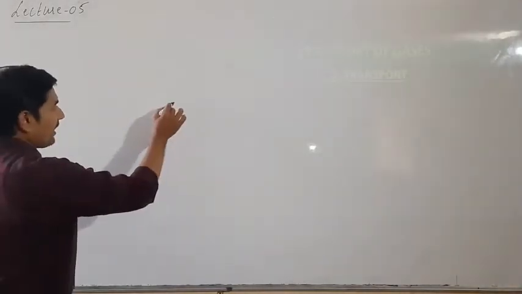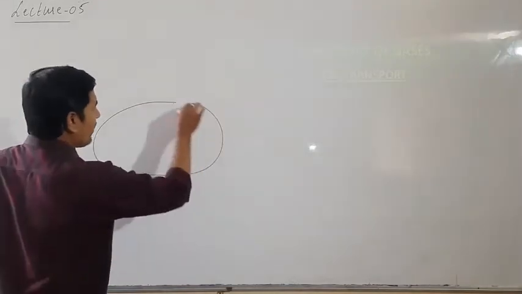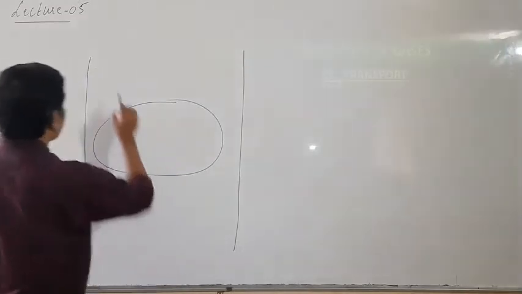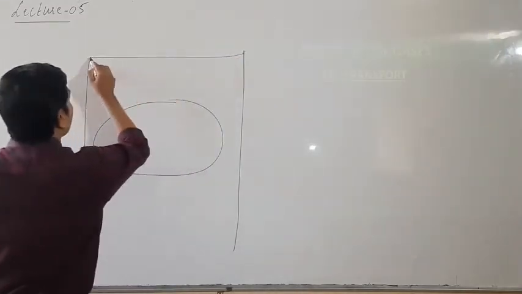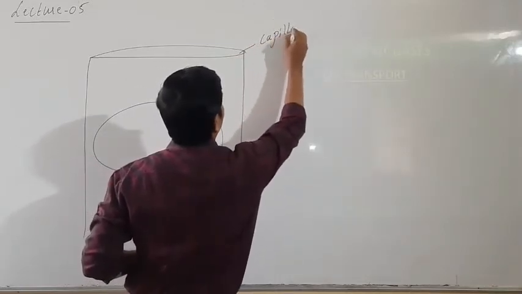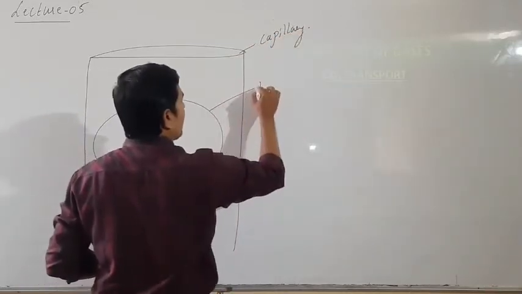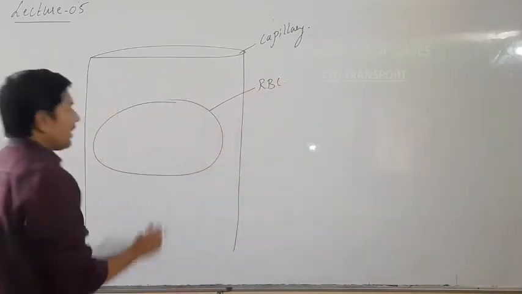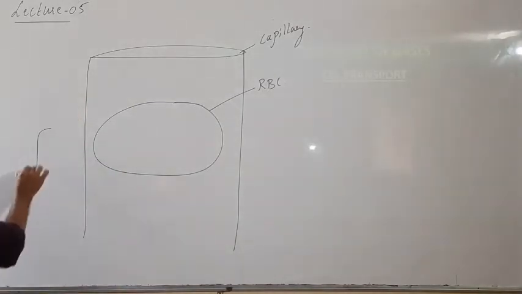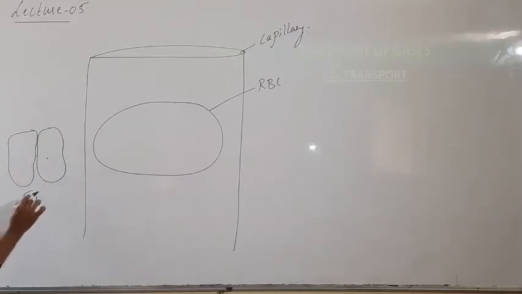Now suppose if we take this as the surface of RBCs, now here we have the blood capillary. This is the surface of RBC. Okay, RBC has its own plasma membrane. Now here we have the tissues. These are the cells which form the tissues. Tissues will release carbon dioxide.